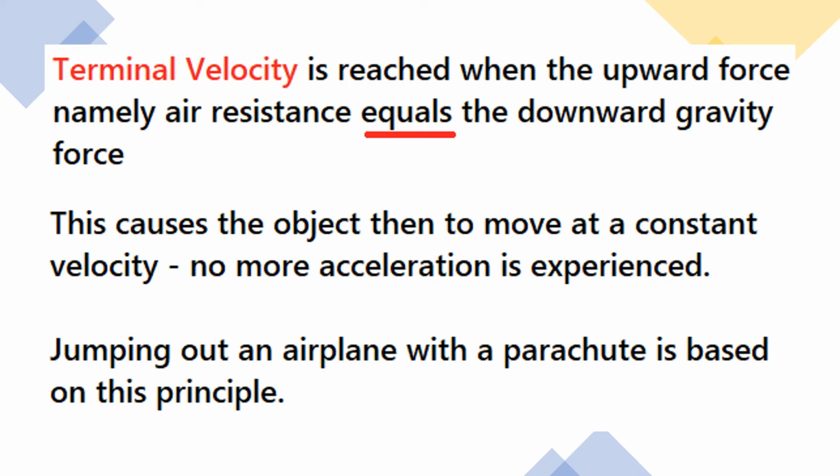Terminal velocity is reached when the upward force, namely air resistance, equals the downward gravity force. This causes the object then to move at a constant velocity, so there is no more acceleration experienced. Jumping out of an airplane with a parachute is based on this principle.